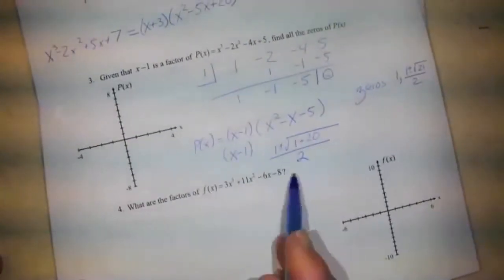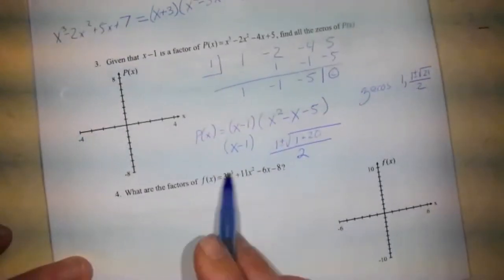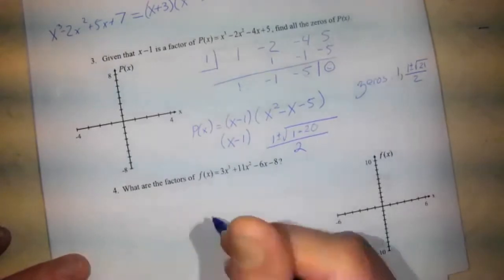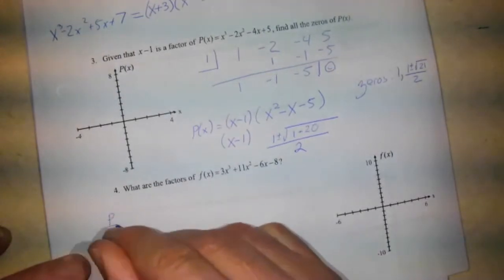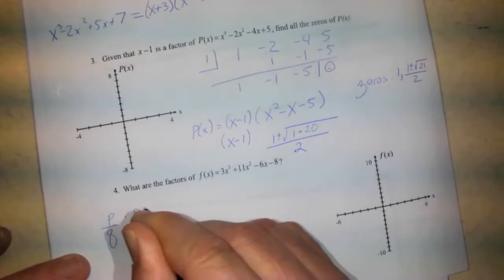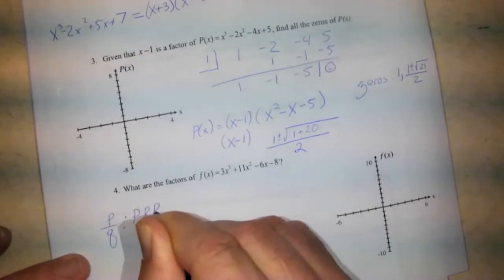Okay, so back over here, now we've got at least some ideas on that previous page, like the p's over q's, which we will call the possible rational roots.